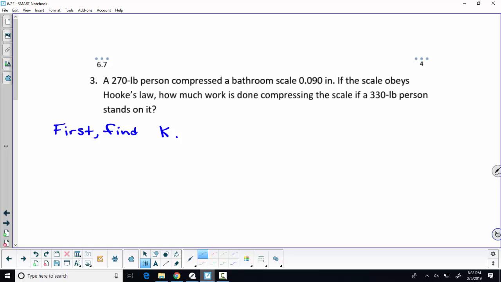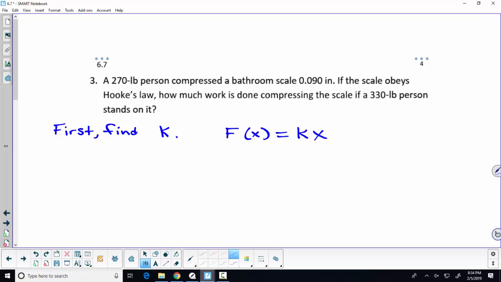Multiply 270 pounds by 9.8. Are we given a force here? A weight, which is a force.